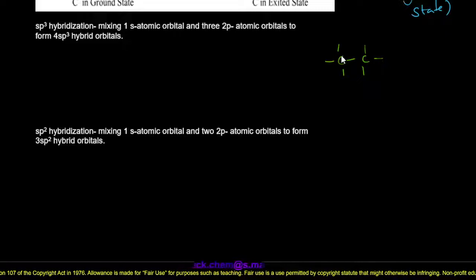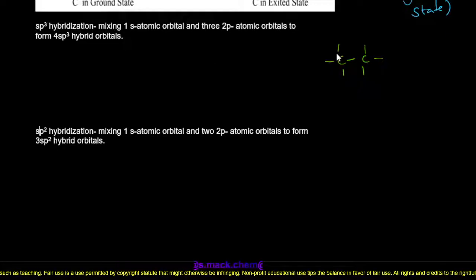For carbon to form 4 single bonds, that means there needs to be 4 atomic orbitals overlapping with other atomic orbitals. In ethane, we will find sp3 hybridization, which gives rise to 4 sp3 hybrid orbitals.